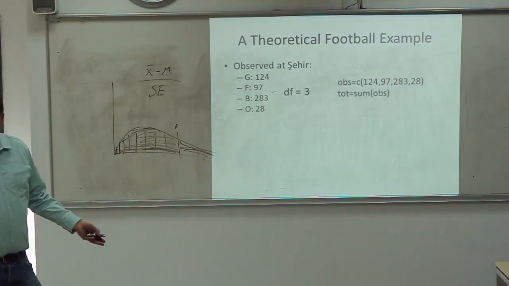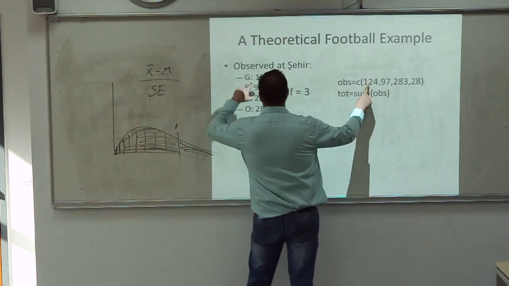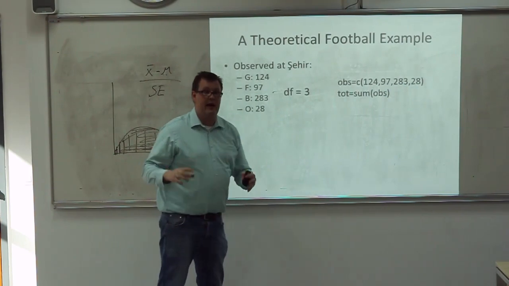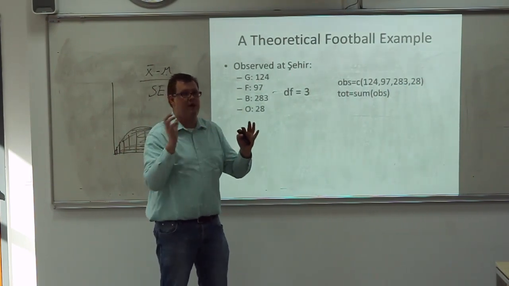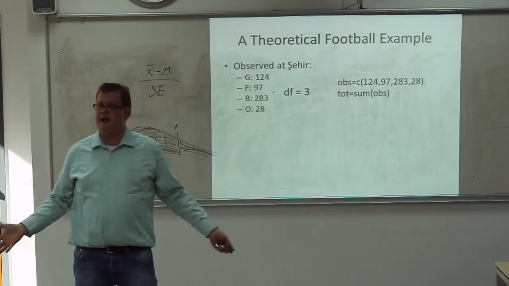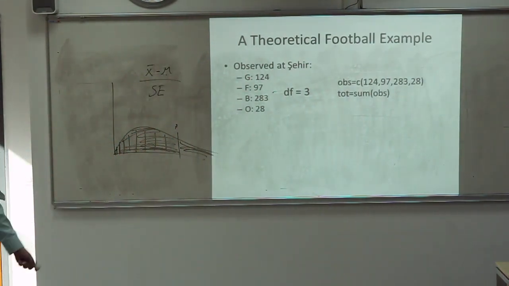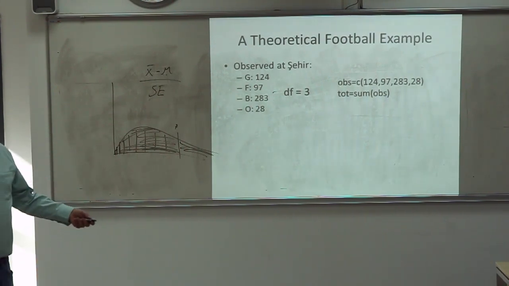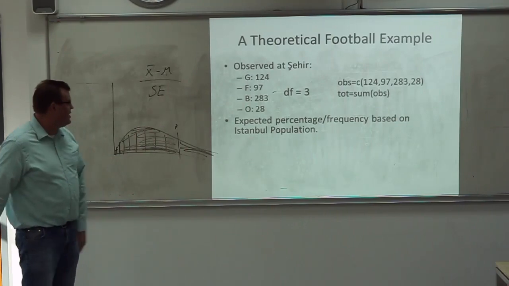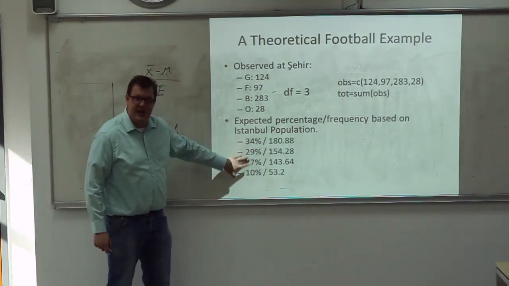So in R, I created something very simply. Observations: 124, 97, 283, 28. I've used c to put all of these things together, which just makes a list of all of the observations that we have. Now our total, the sum of the observations, will give us the total number of observations. Now the expected percentage based on the Istanbul population, imagine that these are the percentages.